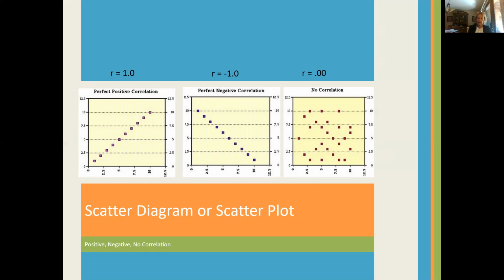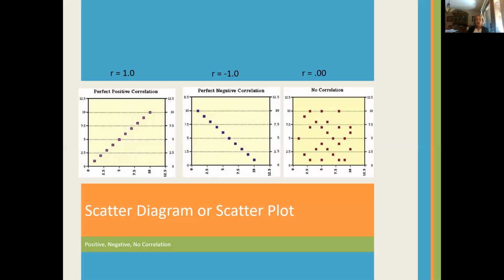The second graph, the middle one, is a perfect negative correlation, and just the opposite is happening. As you increase the x-axis, the y-axis goes down. And then you have the third graph where there's no correlation, and you can see they're just scattered about.